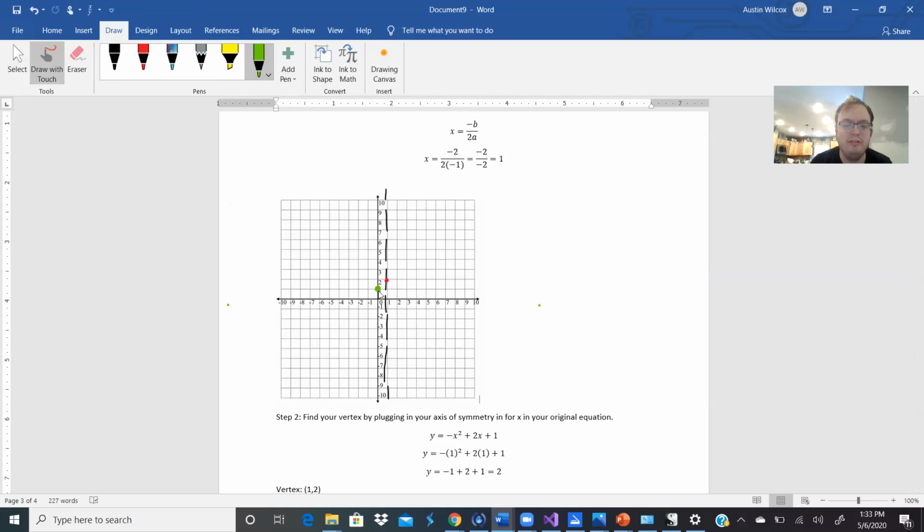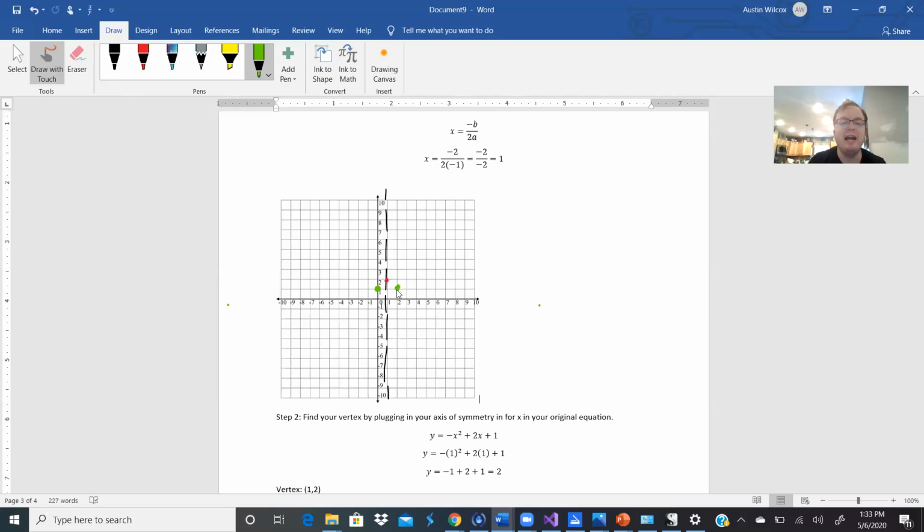What we realize here, and this is the big property of the axis of symmetry, is the axis of symmetry is kind of like if I folded my parabola onto itself, it would line up perfectly. So in other words, it's a mirror of itself. So if I go down 1 and over to the left 1, I have to go also down 1 and over to the right 1. And so this is a second point here.